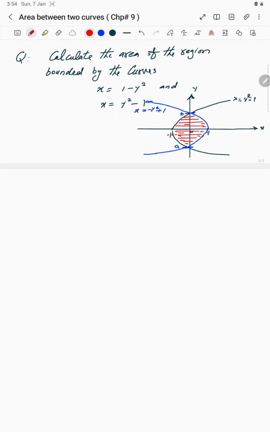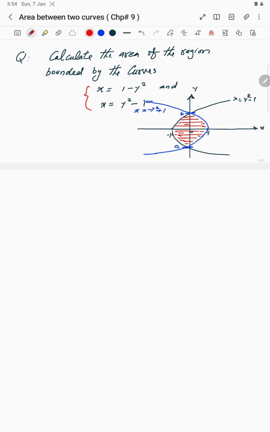Okay guys, now we are going to solve the question that states calculate the area of the region bounded by the curve x is equal to 1 minus y square and x is equal to y square minus 1. If we plot this on a graph, you can see the curves look like this.